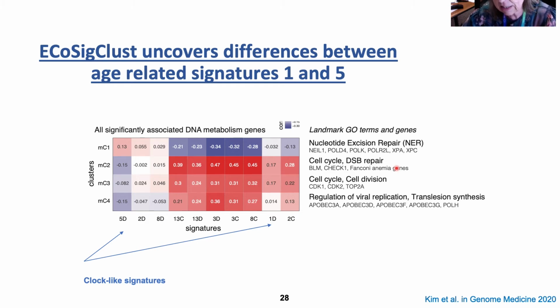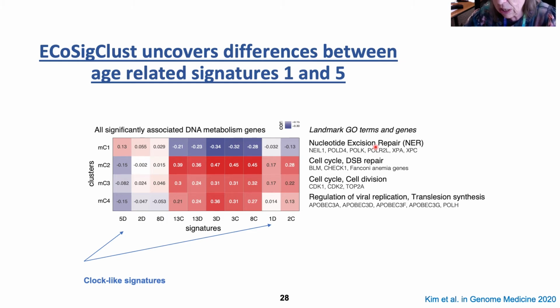It is expected that the mutations related to the signature are likely to be accumulated with each cell cycle division. However, as mentioned, how can we explain how nucleotide excision repair may be related to time?